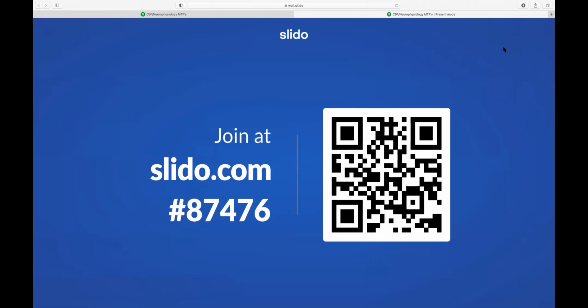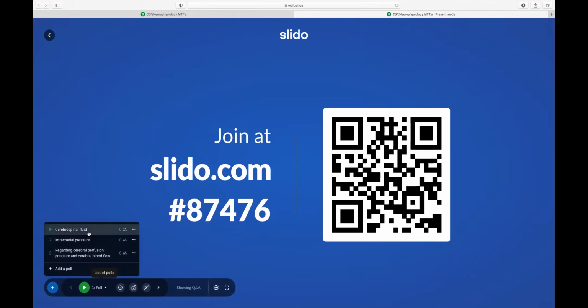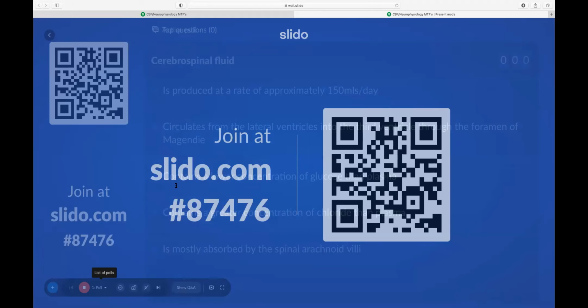Yours is quite good, isn't it? It's not working. It's annoying. You can go to the website and put in the number. So if you go to slido.com and put in the number, you can do it there, or just join in, however you want.